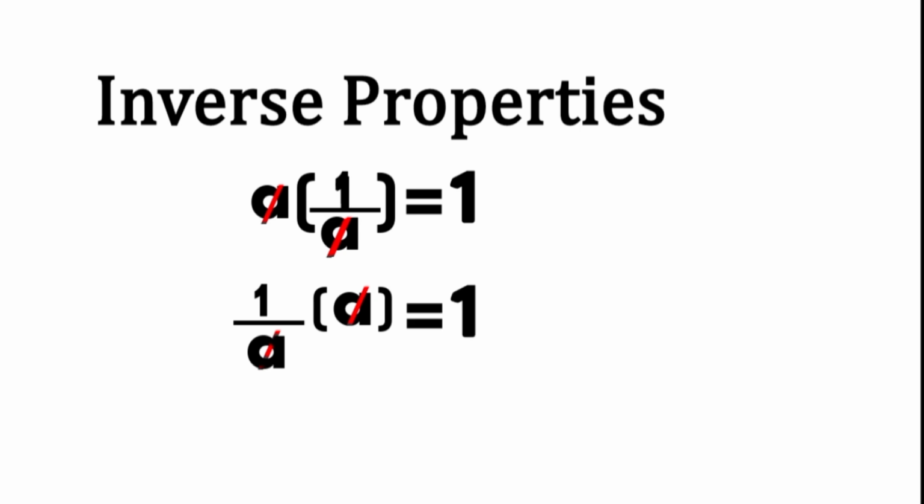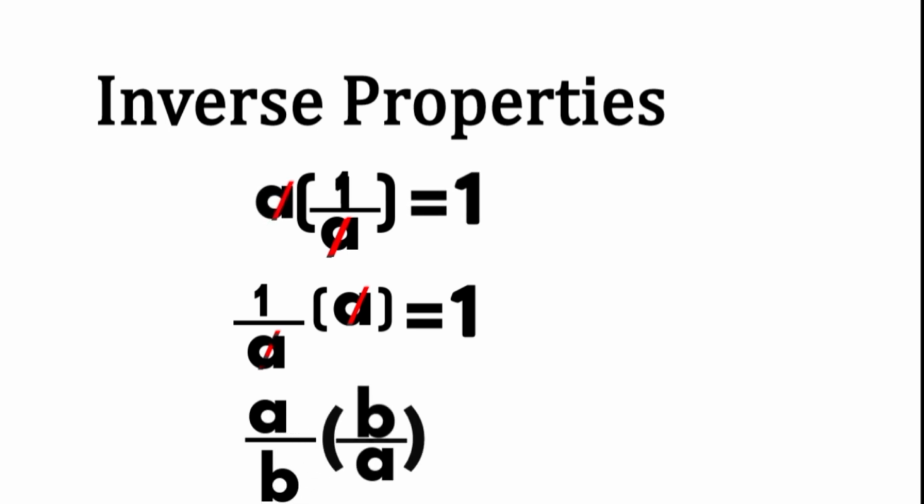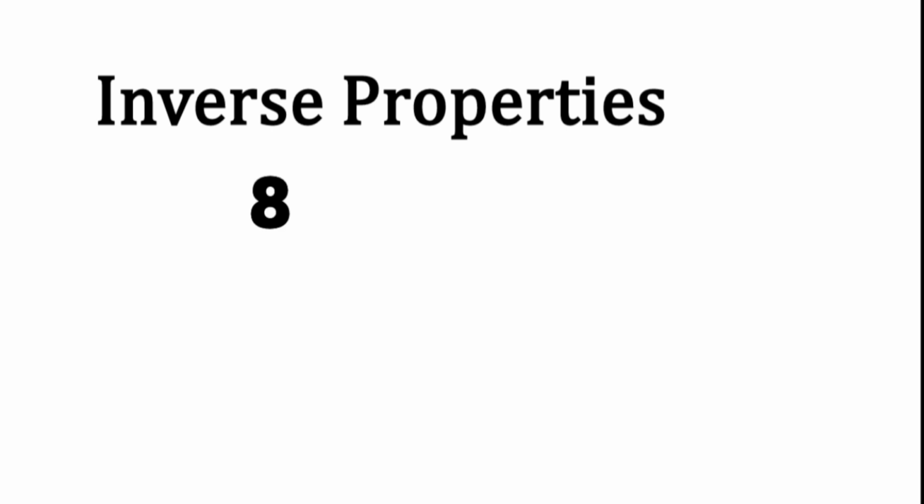We have here a over b times b over a. Cancel a and b here. This is equal to 1. So, for example, using numbers, 8 times 1 over 8.